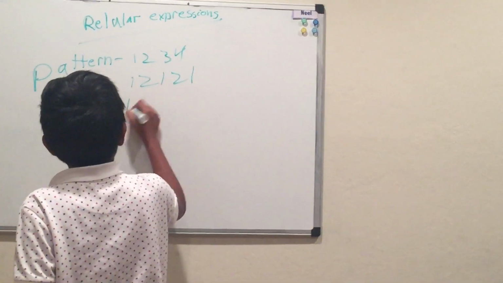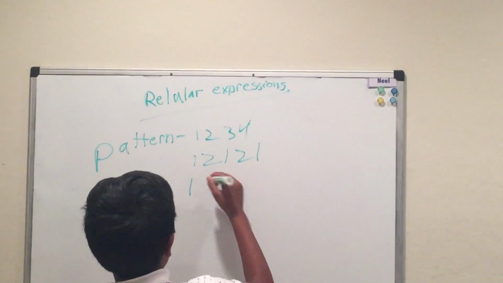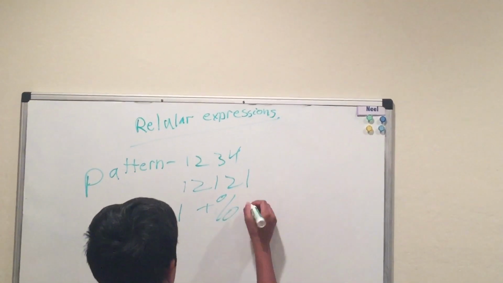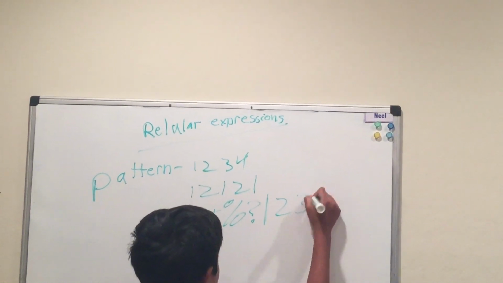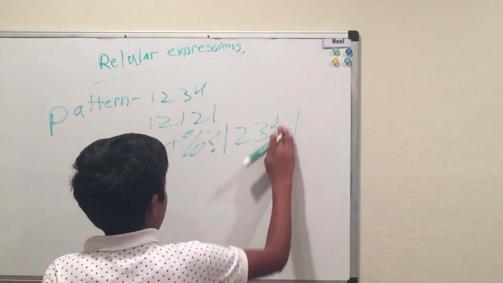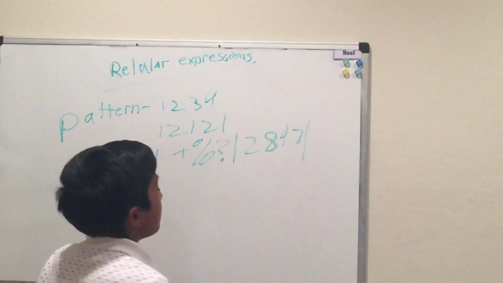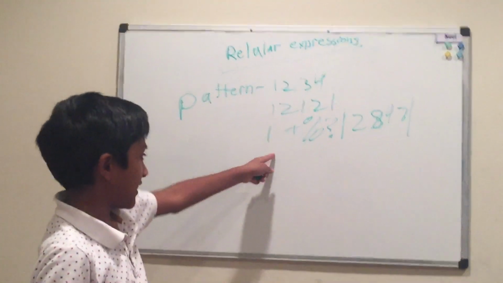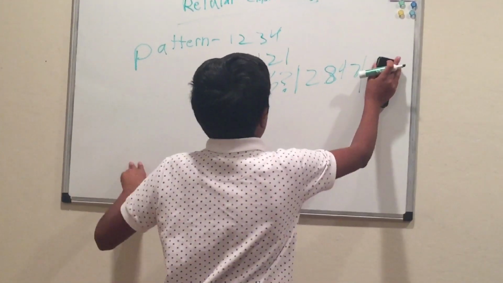It can be like 1, 3, 4. It can be 1, random number, 1. It can be like that. That's still a pattern because it's 1, then something, then 1, then something, then 1.